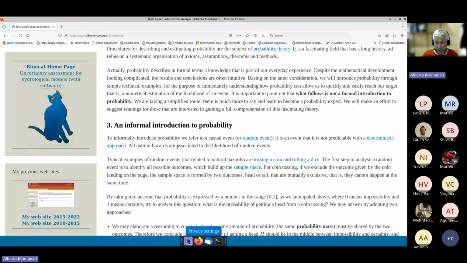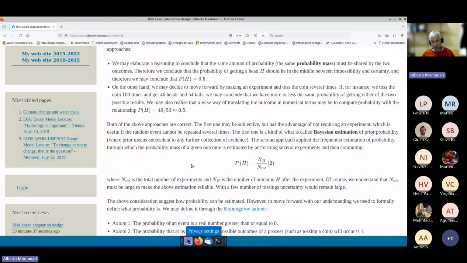I'm scrolling down the lecture. Probability estimation, we said, can be done in 2 ways. One way is the frequentist estimation. So basically we estimate the frequency of the event during time. And this is what is usually done when dealing with climate. We try to refer to observed data, and then we estimate the frequency of a disaster to occur.